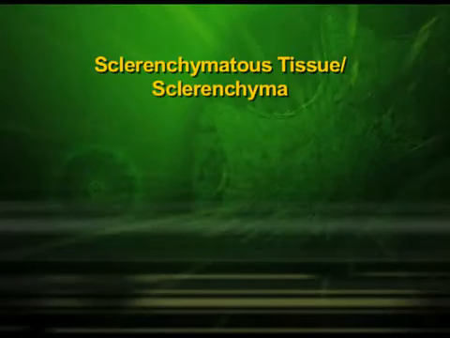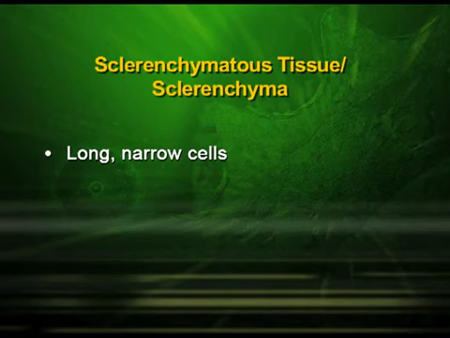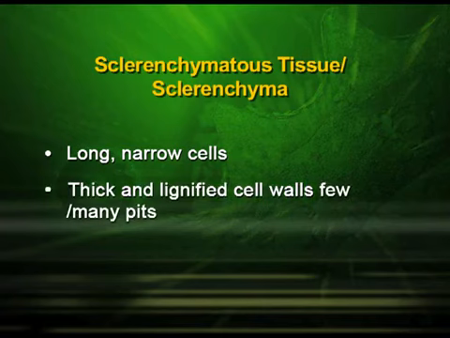The next tissue under the simple tissues is the sclerenchymatous tissue or sclerenchyma. They are long, narrow cells. They have thick and lignified walls, and their walls have few or many pits. Pits are the holes which are present in them.